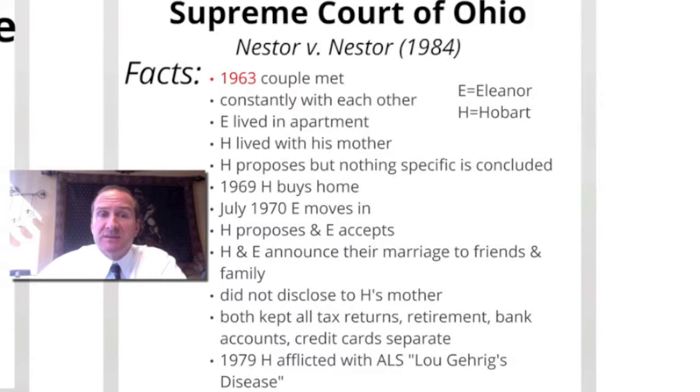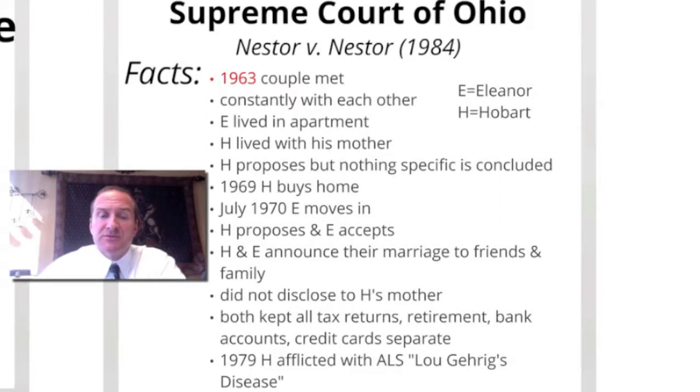In July of 1970, Eleanor moves in with Hobart into his house, and Hobart proposes marriage, and Eleanor accepts the proposal. So here what appears to be that present intent. Hobart and Eleanor announced their marriage to their friends and family.